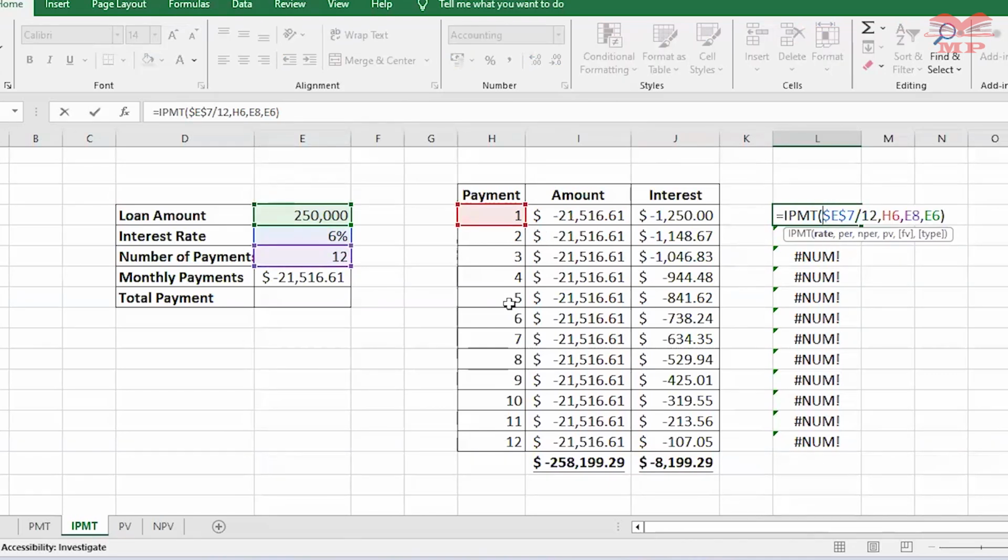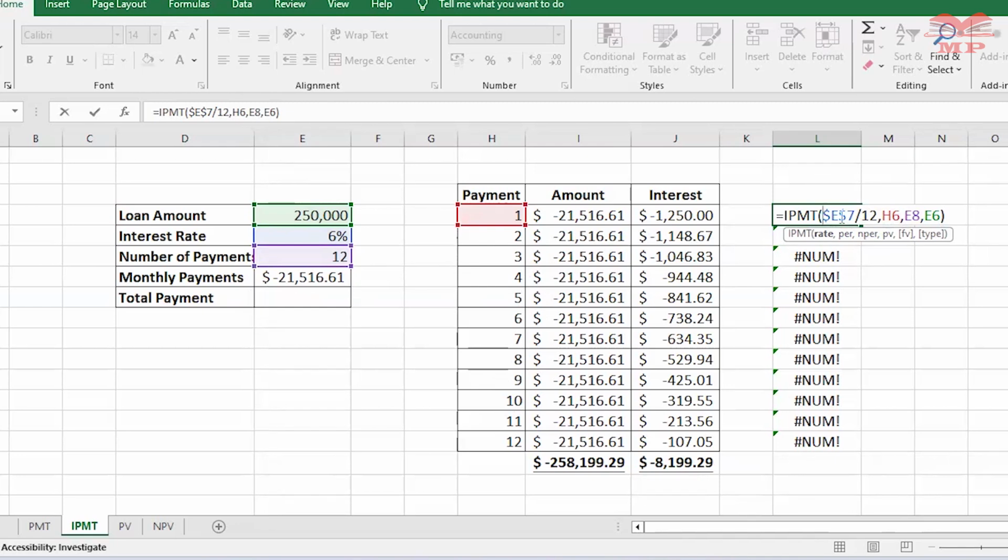I want this to change as I go down, so the period should change to 2, 3, 4, and so forth. But the number of payments, because I'm getting this directly from this block of values, I want that to be fixed.